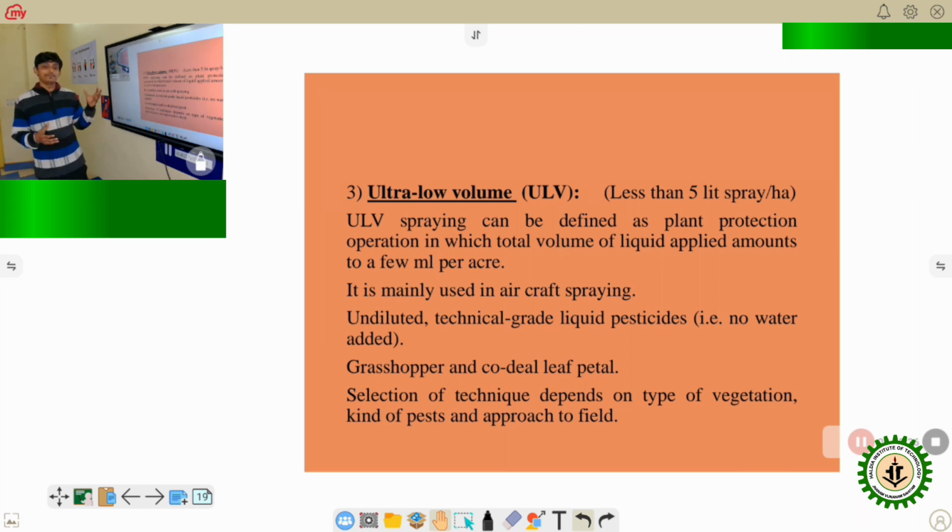Apart from the ultra low volume sprayer, which uses less than 5 liters of spray per hectare and a very small amount of spraying material whenever we are spraying in a field, this type of spraying condition we apply. And it is mainly used by aircraft or drone. It can be used for spraying purposes.